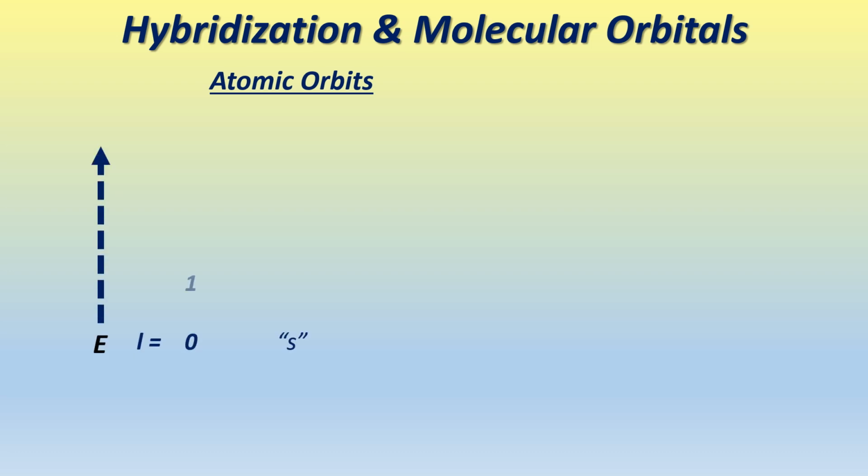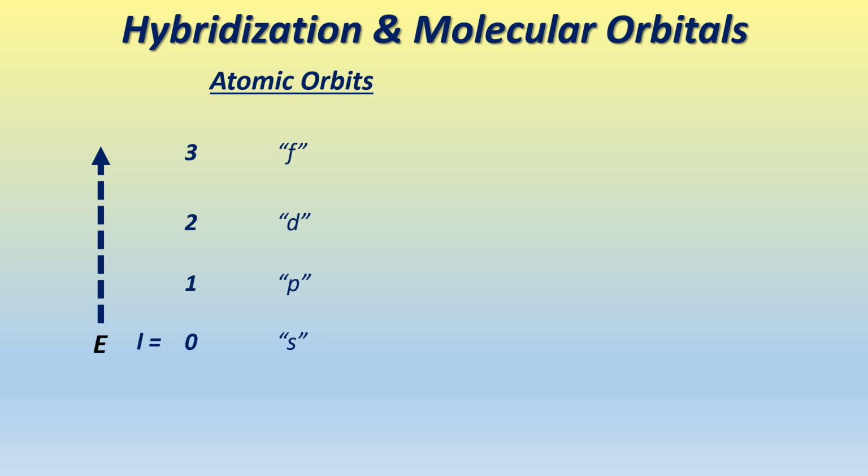Going further into hybridization and molecular orbitals. Again, atomic orbitals combine to form molecular orbitals. Your atomic orbitals in order, L equals 0 is an S, L equals 1 is a P, 2 is a D, and 3 is an F. When they combine to form molecular orbitals, the Latin alphabet is simply translated into the Greek.